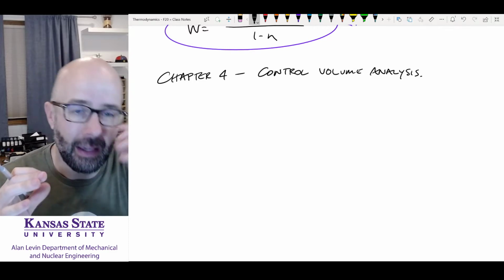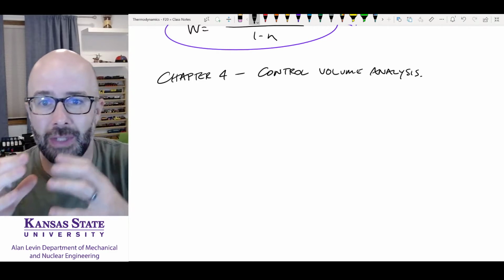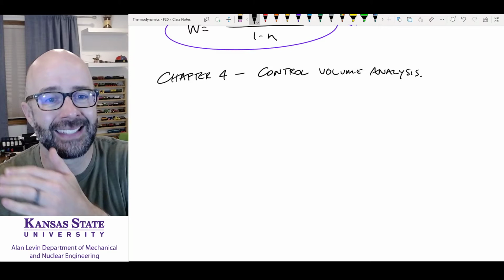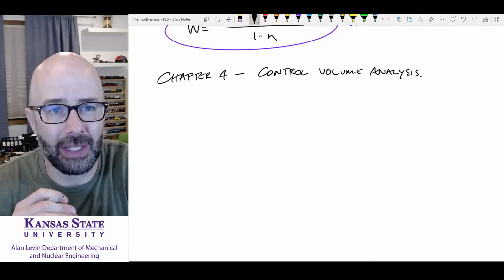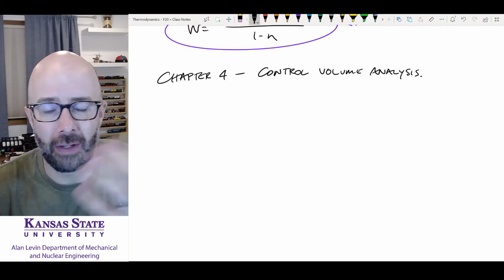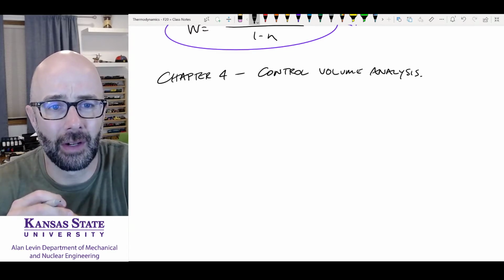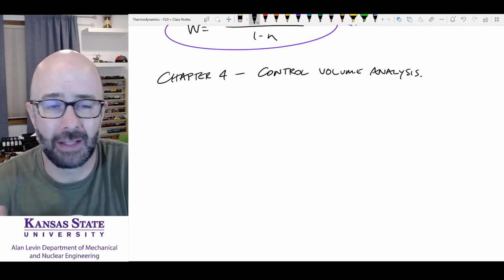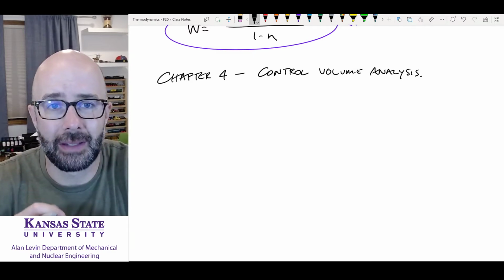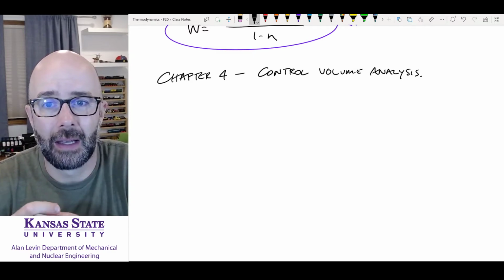Now, really, a closed system is a special type of control volume in which the mass doesn't change. That's really what's happening here. So I could go and talk about closed systems and say, hey, what's your control volume for a closed system? And you would say it's the air inside the piston cylinder, and that would be okay.